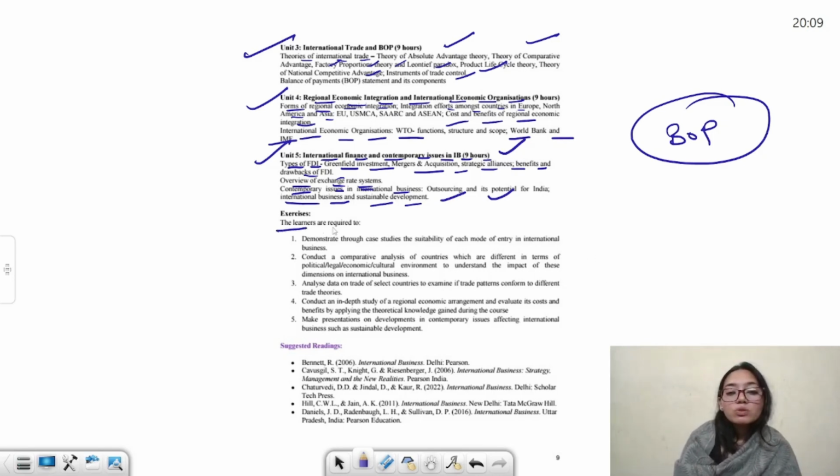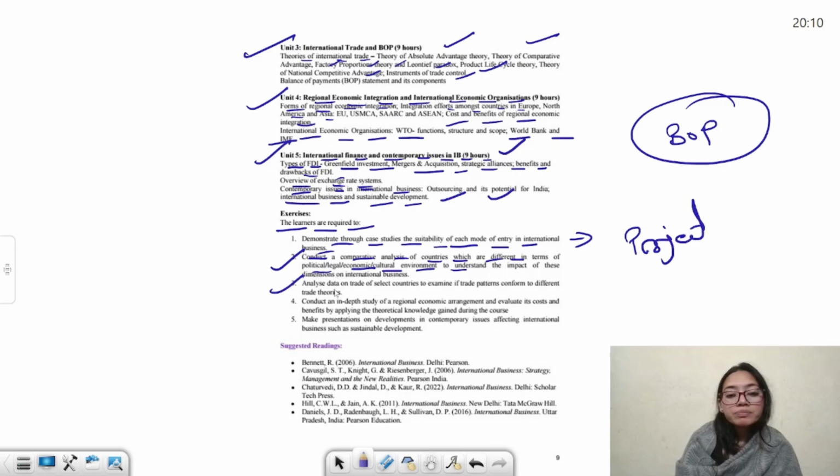You also have several exercises here that demonstrate through case studies the suitability of modes of entry in international business. An Apple case study would be helpful to you. Then we will discuss in class a comparative analysis of countries which are different in terms of political, legal, economic, and cultural environment, and you could also get a project on this topic.